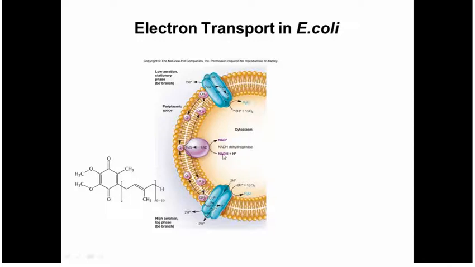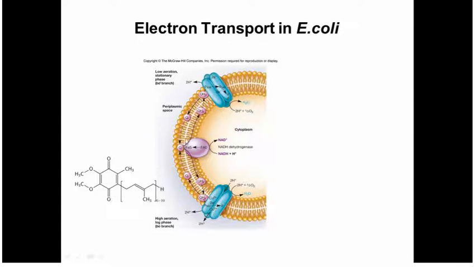What is happening here is that the electrons and two protons are going to be transferred to ubiquinone, which picks up 2 electrons and 2 protons from the cytosolic face of the membrane. This is a kind of hydrophobic chain here, so it's soluble in the plasma membrane, so it diffuses in the membrane.